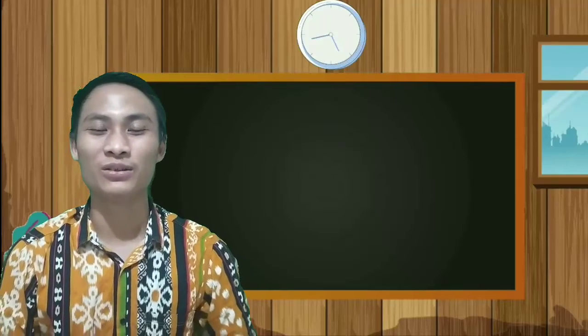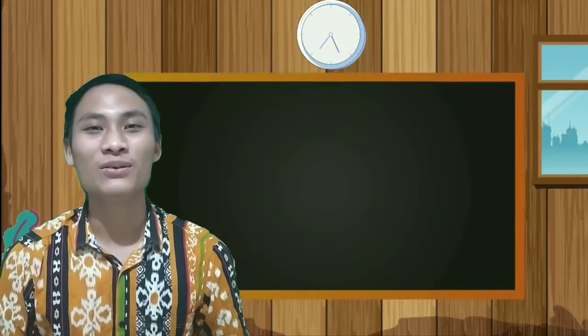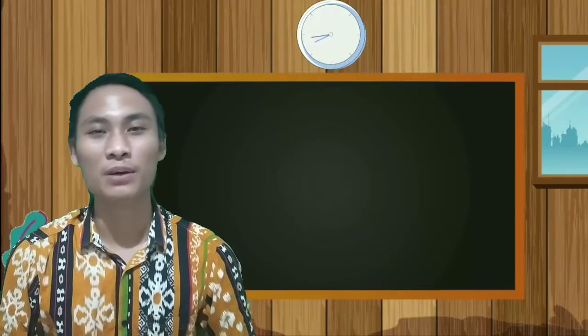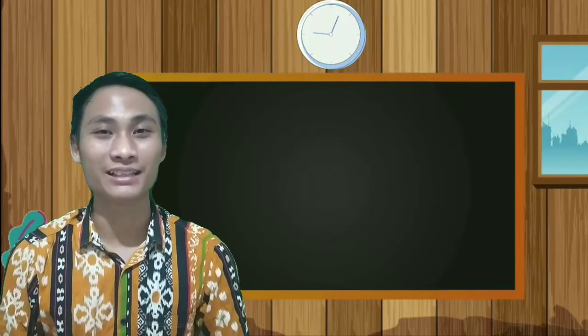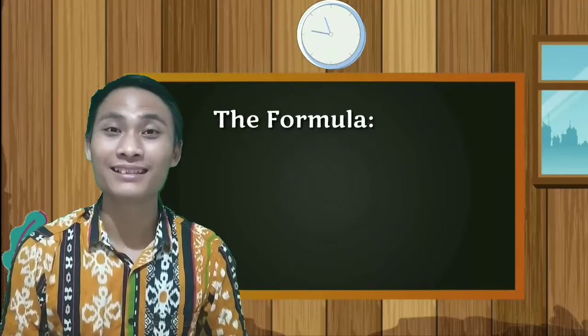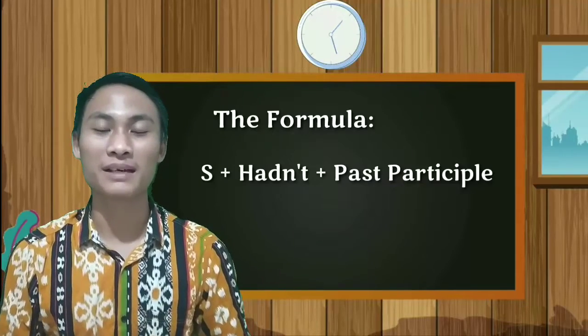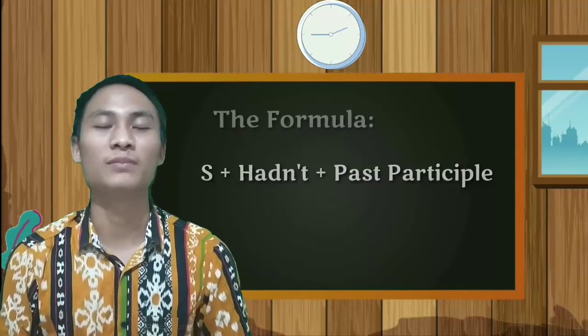Okay, let me introduce myself. My name is Mushlih Abdul Aziz. Now I will explain to you about the past perfect negative sentence. The pattern is subject plus had not plus past participle or verb 3.